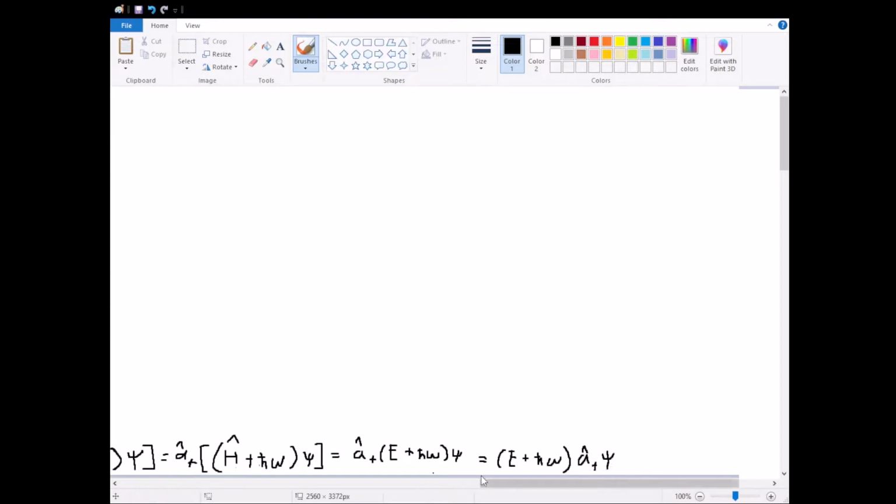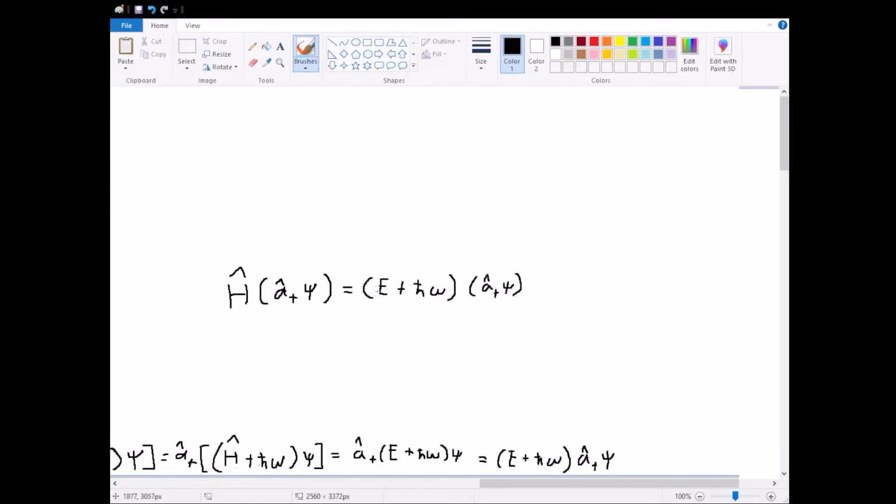And thus we've proven this expression. So originally we started with h hat times a hat plus psi, and we end up with the energy E plus h bar omega times a hat plus times psi.